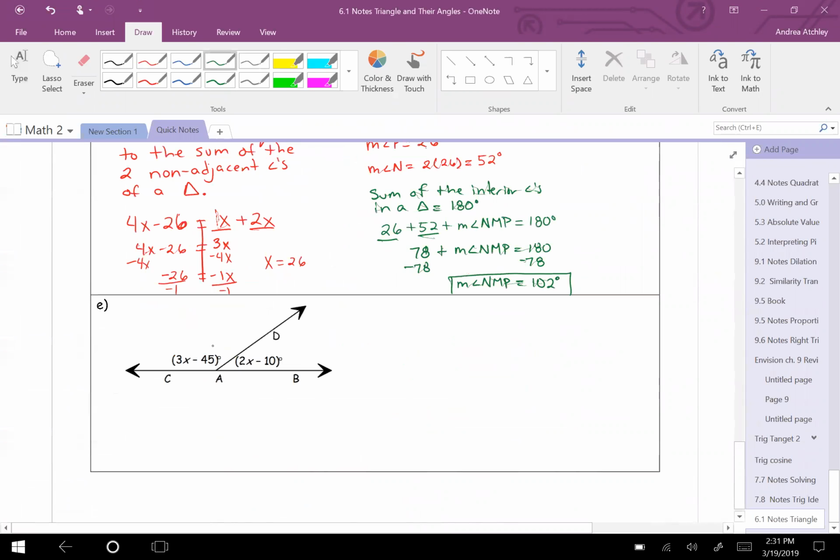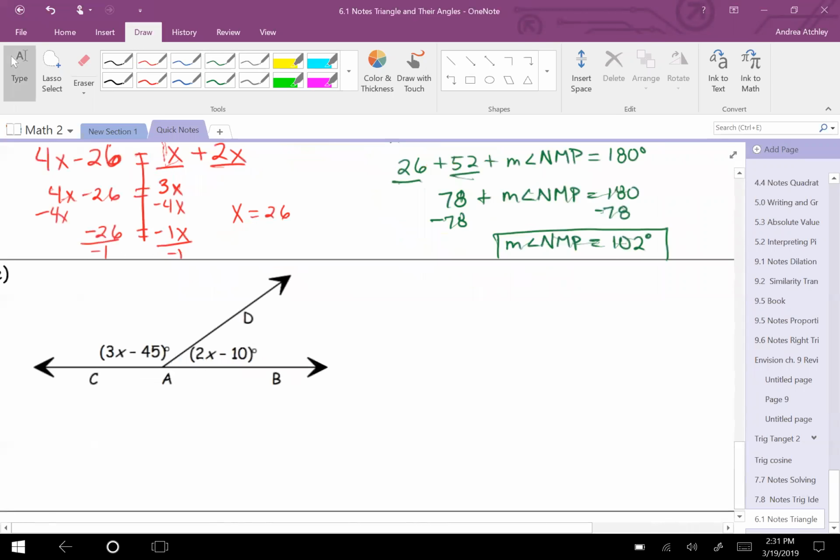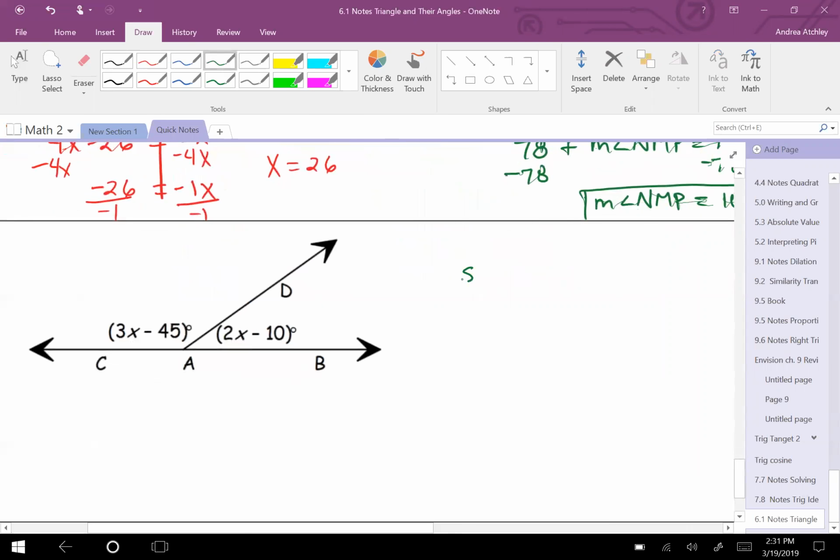So these two added together are going to equal the straight angle of 180 degrees. So when I write this out, I'm going to have 3x minus 45 plus 2x minus 10, and it's going to equal 180 degrees.